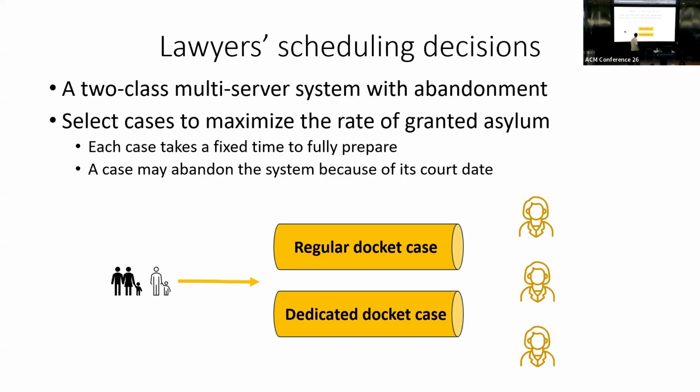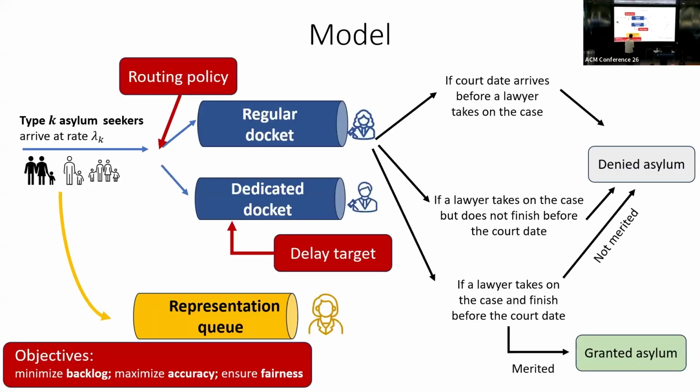So if a case is still waiting here, but its court date has arrived, there is no need to wait further because the case needs to go see the judge. Okay, so considering both the downstream effect on the court and the lawyers, policymakers need to find appropriate decisions to achieve the three goals.